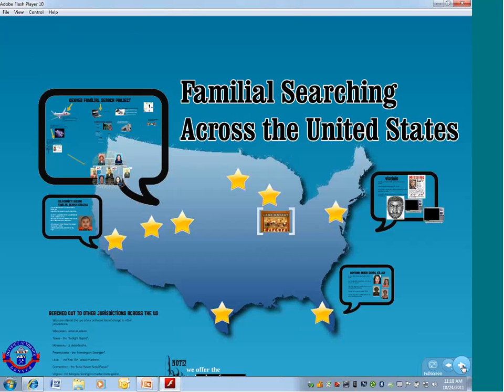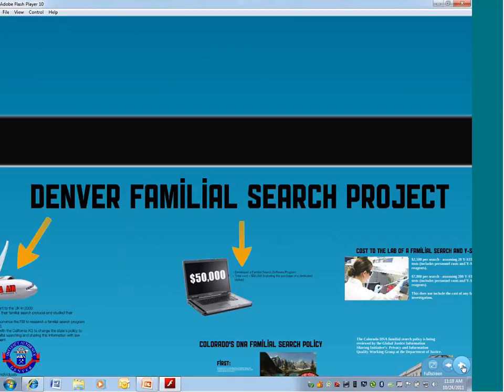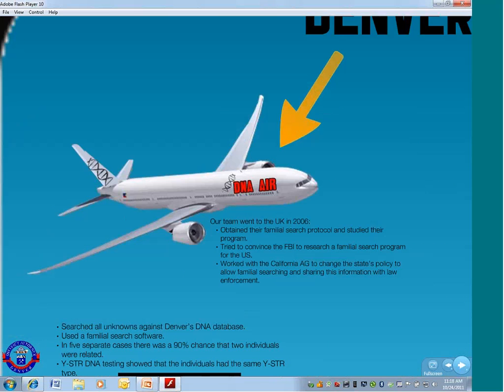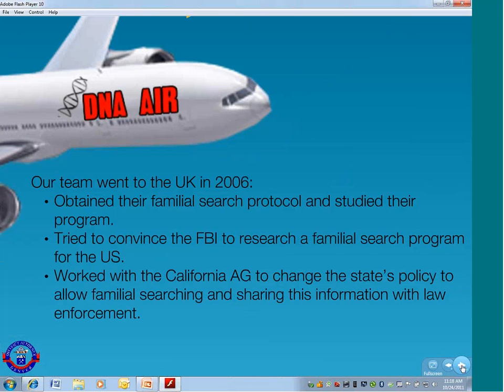So familial searching in the United States, I'm going to talk to you where we basically, along with California, were paralleling what we were doing as far as familial searching goes. We were lucky enough to go to the UK in 2006, obtain both their familial search protocol, and also study their program.